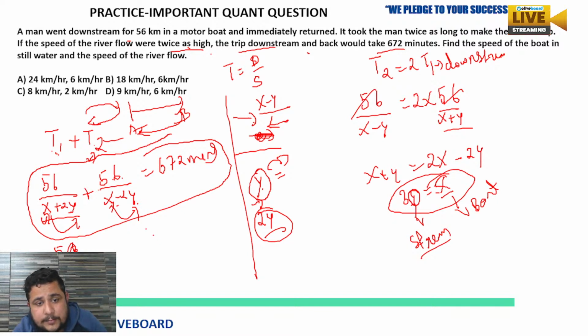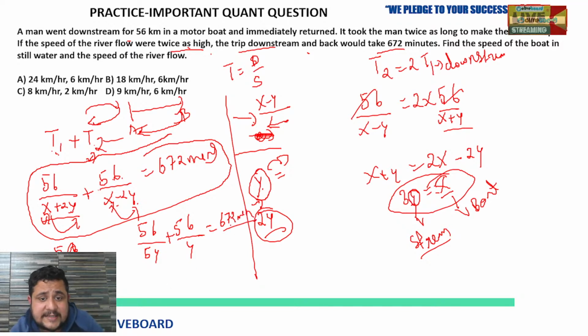Here I am writing, 56 upon 5y. Is this visible now? Plus 56 upon x minus 2y, means 3y minus 2y, so y will come. Equal to 672 minutes.